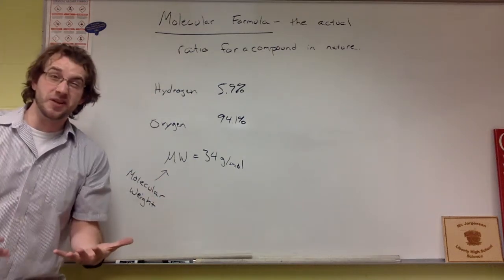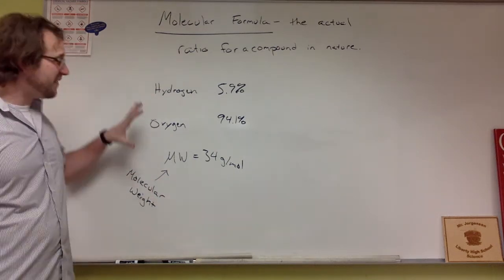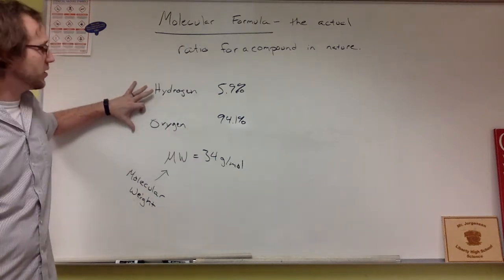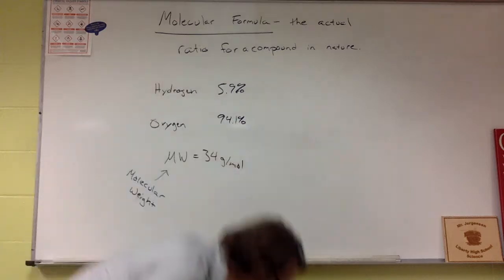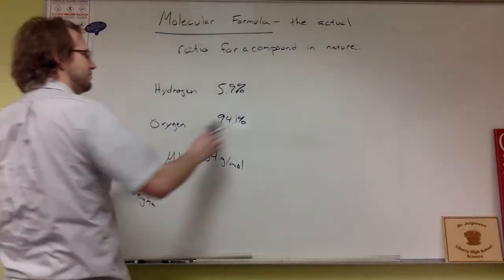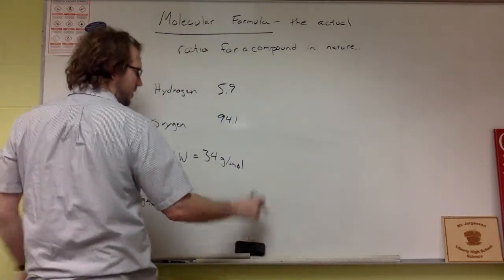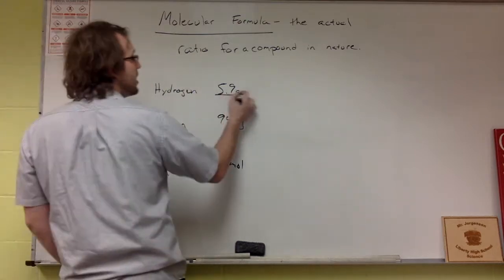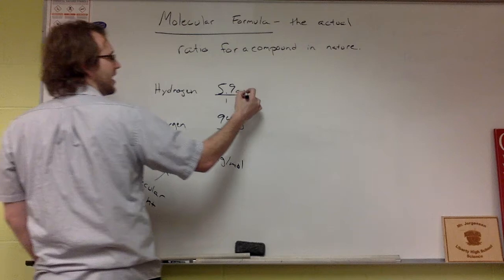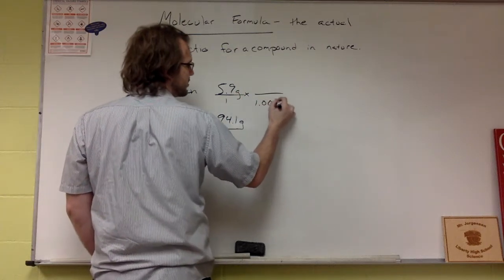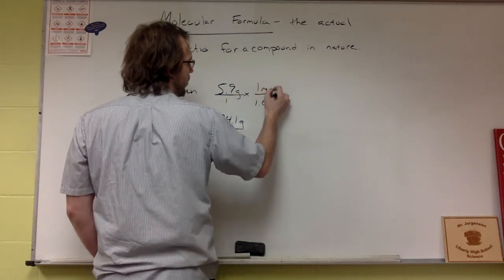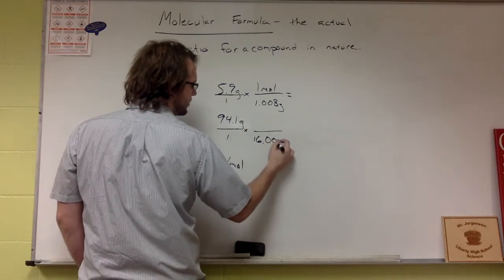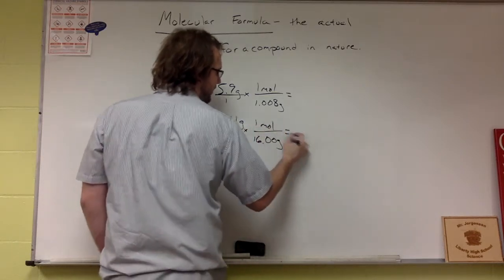Now we don't have the empirical formula directly. We have the stuff we need in order to find the empirical formula. Well, we follow our steps from before. Percent to mass. If we assume a 100 gram sample, these become grams for us. Mass to moles using the molar mass for hydrogen is 1.008 grams for every 1 mole of hydrogen. For oxygen, it's 16.00 grams per every mole of oxygen.